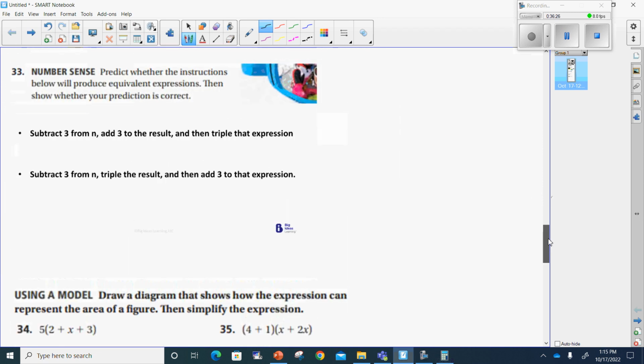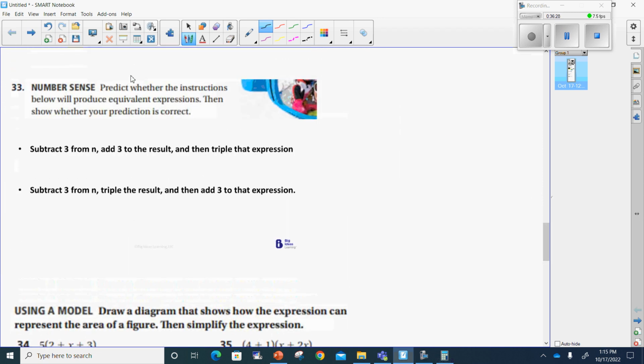Number 33. I've got predict whether the instructions below will produce equivalent expressions, then show whether your prediction is correct. All right, so I got subtract 3 from n, that's n minus 3. Then we're going to add 3 to the result, and then triple that expression.